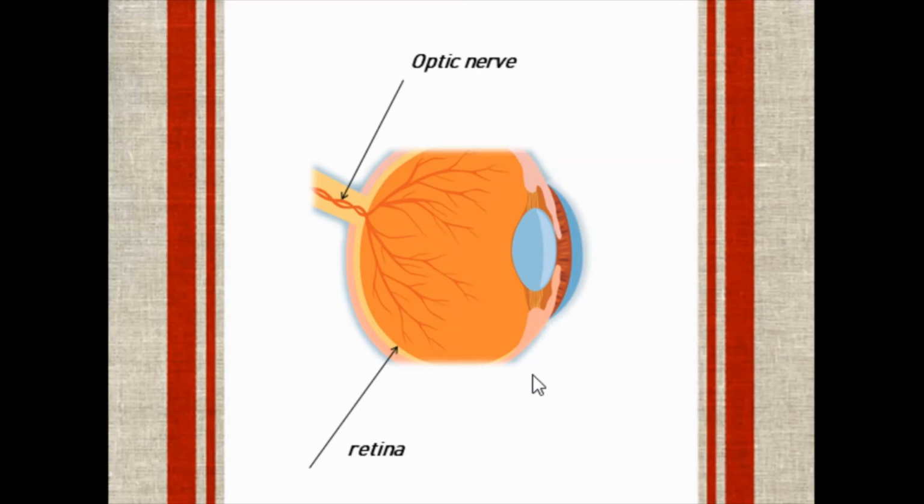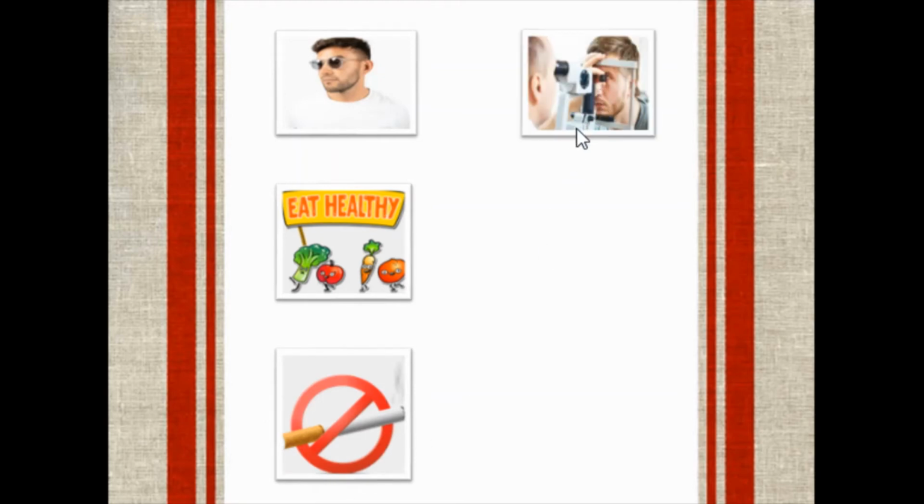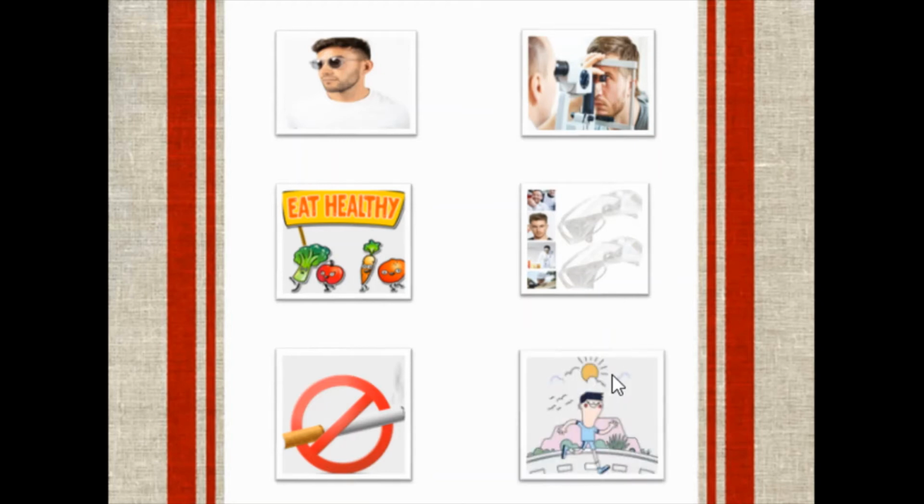Okay, so those are the important and basic parts of our eyes. Now, let's move on to the ways to take good care of the eyes. We mentioned last time that we have to wear sunglasses, eat healthy foods, avoid smoking, get regular eye checkups, wear eye protection aids, and of course, exercise regularly.